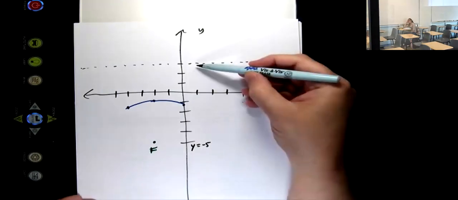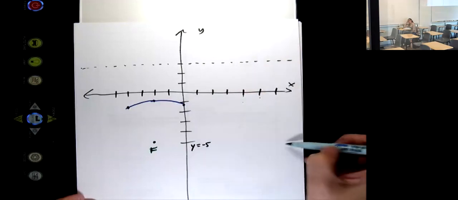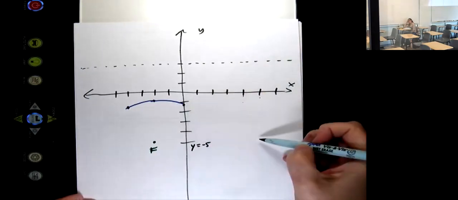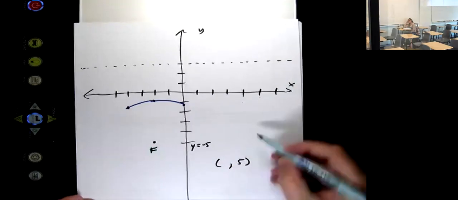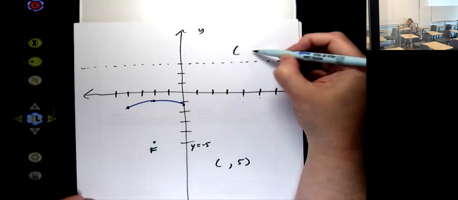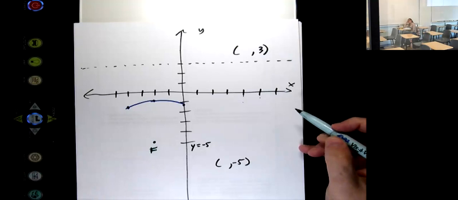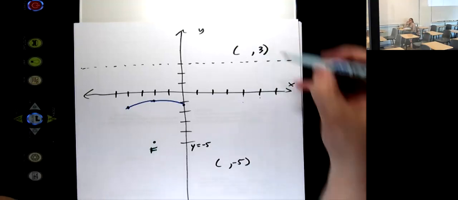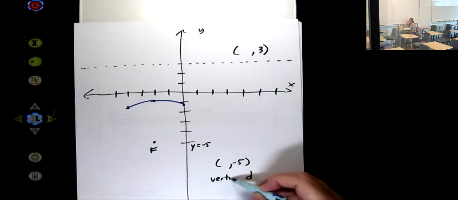So he knows that that vertical distance is 8.